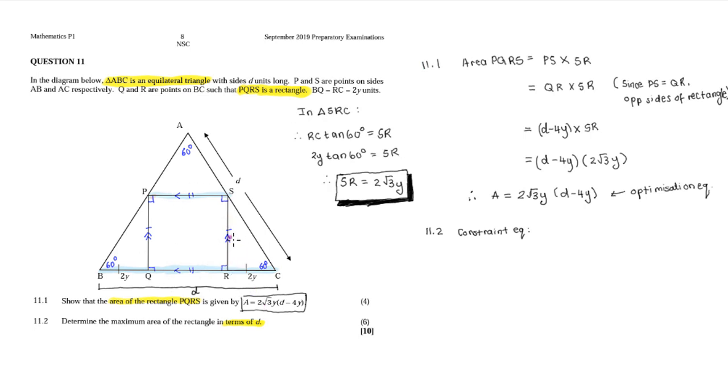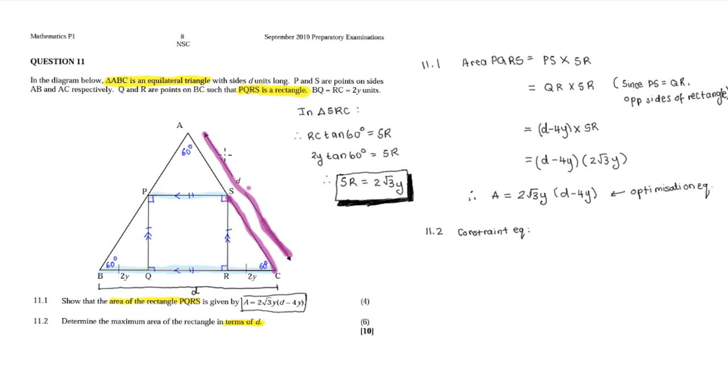Since we've already calculated the side SR, and SR is perpendicular to BC because of the interior angles of this rectangle, it's easy to calculate this length C. Notice that it goes from one parallel line to the other, so it's natural to pair it up with BC.